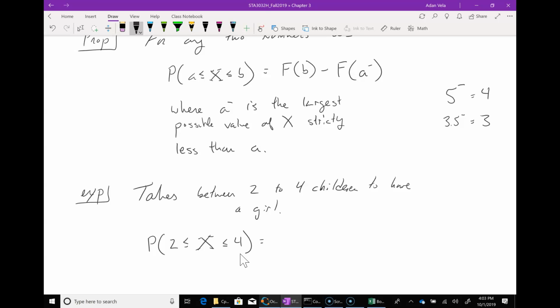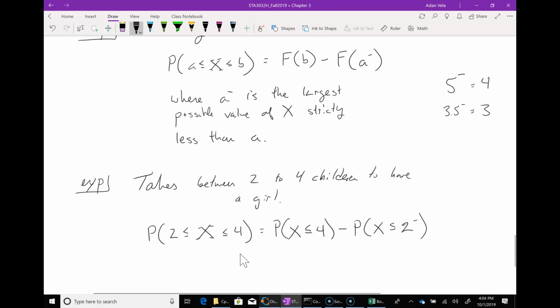Okay. So based on the equation above, we can work through the steps. It's the probability that x is less than 4 minus the probability that x is less than or equal to 2 minus, which is the same thing as the following using the CDF, so that this equation up here.